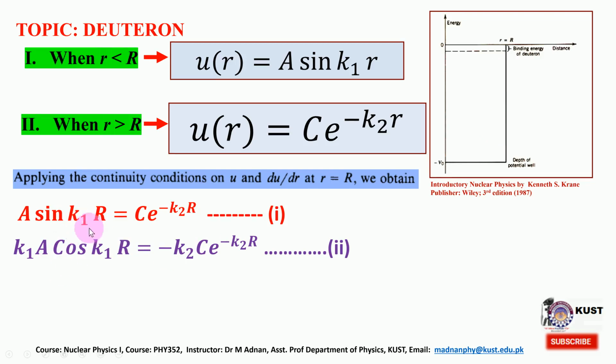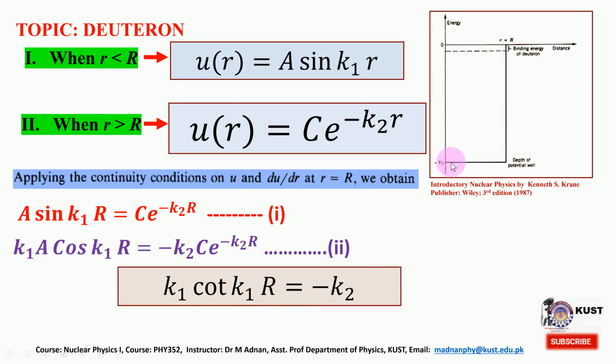These two continuity conditions give us this solution. As I told you, we are interested to know the strength of this potential, which is associated with the nuclear force. So we divide equation 2 by 1 to get this transcendental equation, and we know the definitions of K1 and K2 that we defined while solving the radial part of the Schrödinger equation in the first region and the second region.